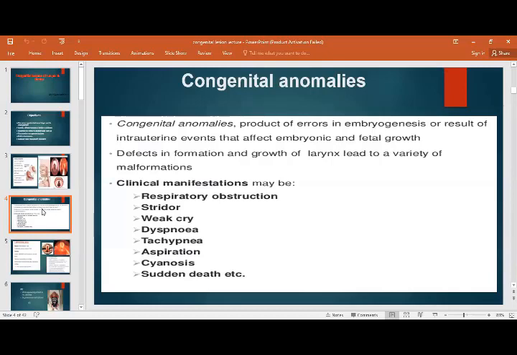As I have already told you, it has a small larynx, and the cartilages are very flaccid and soft, so they can easily get into these complications, and the patient will present tachypneic, and aspiration would occur. The mother can see that the patient can go into cyanosis, and sometimes sudden death can also occur.